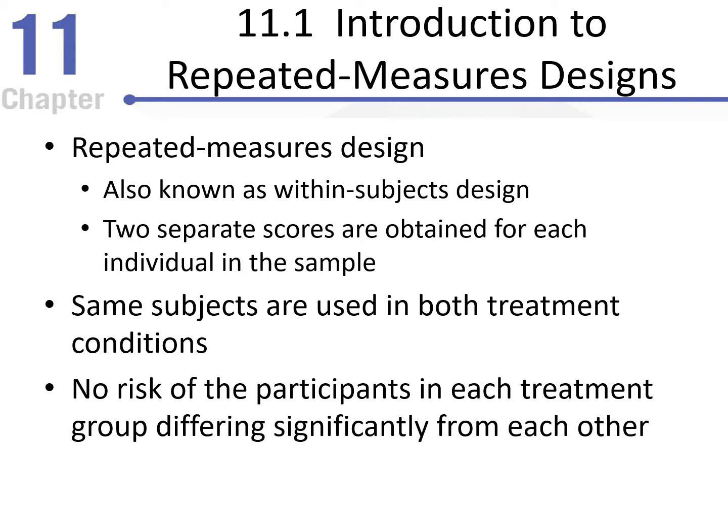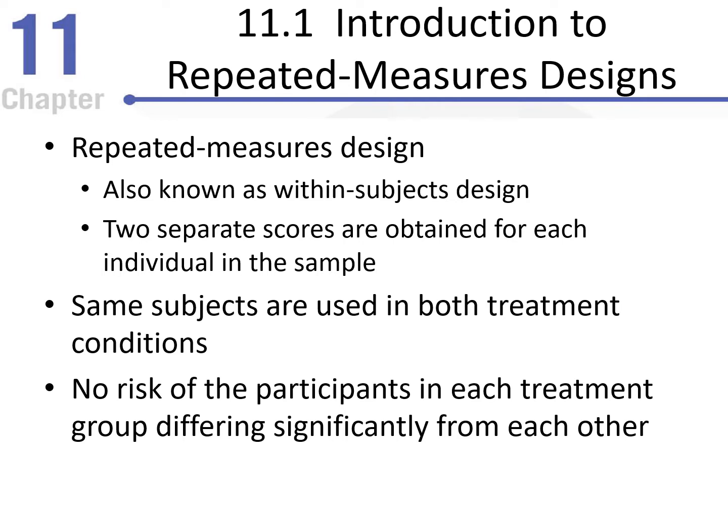So with an independent group design, there's a possibility that the two samples are different with regard to a lot of things, right? And one sample or one condition might have an advantage at a particular task because of the makeup of that sample. Well, in the case of repeated measure design, you don't have to worry about that because you have the same individuals in two conditions.